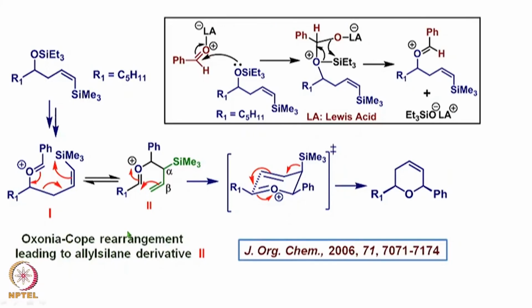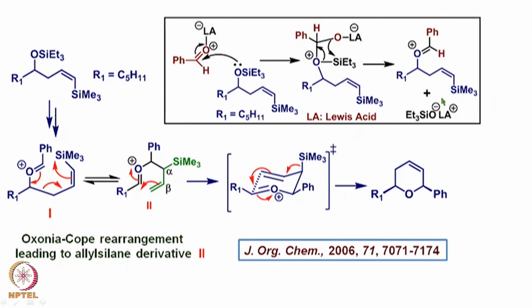So what is happening is that you have this particular starting material in which you have triethylsilyl ether. When this reacts with an aldehyde in presence of a Lewis acid, we can expect an interaction where first the Lewis acid interacts with the aldehydic oxygen to make this carbon more electrophilic, on which the silyl ether attacks to lead to this ionic intermediate, which then releases this oxonium ion, which has this vinyl silyl moiety.